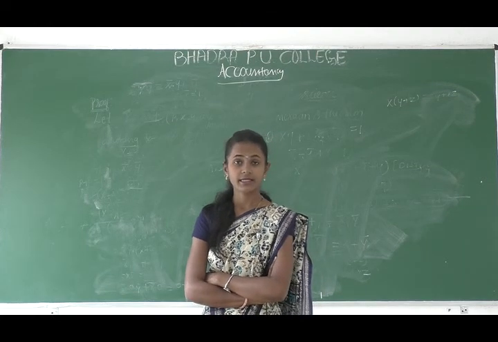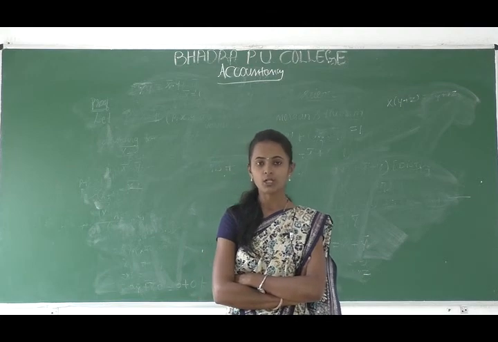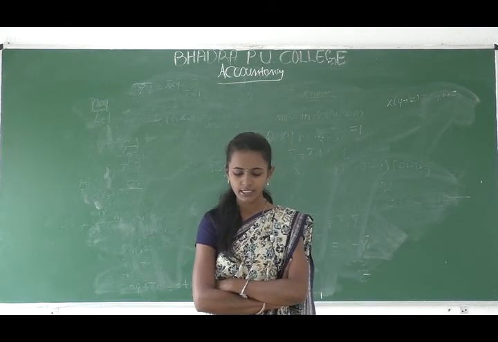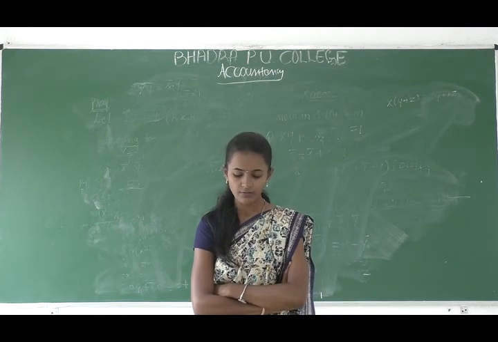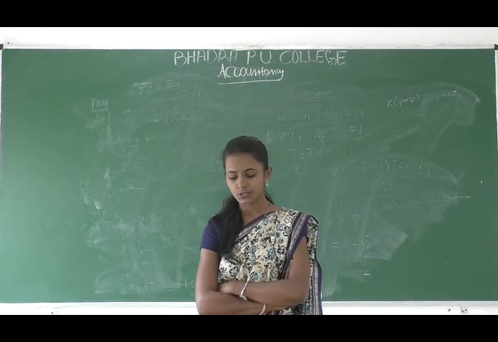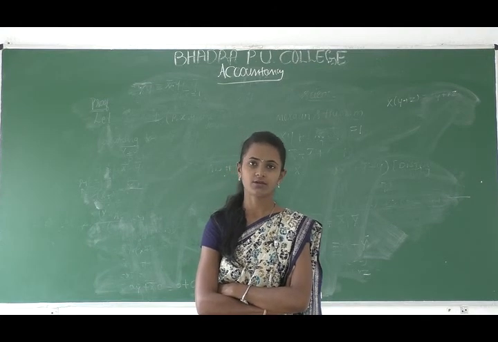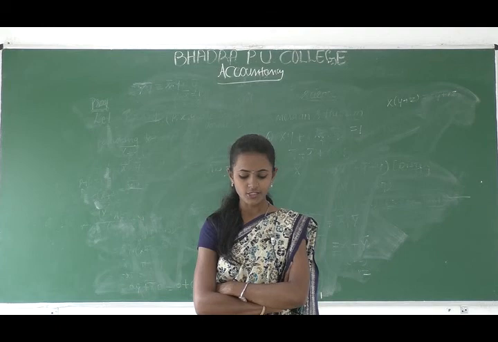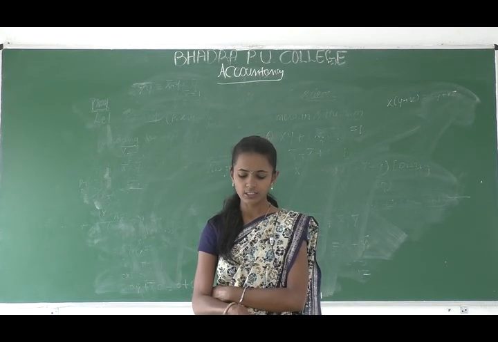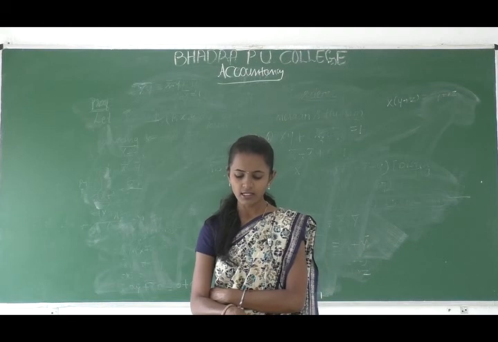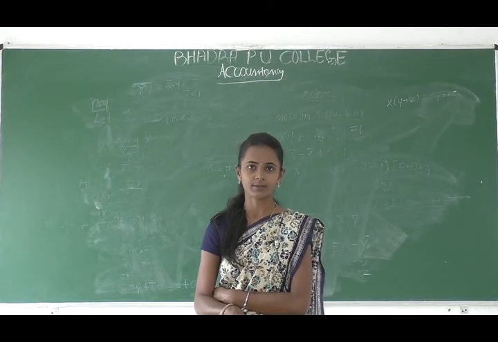The next item is long term loans: in 2010 it's 2 lakh, 2011 1 lakh and 2012 it's 50,000. The next item is trade payables: in 2010 3 lakh, 2011 4 lakh and 2012 2 lakh.